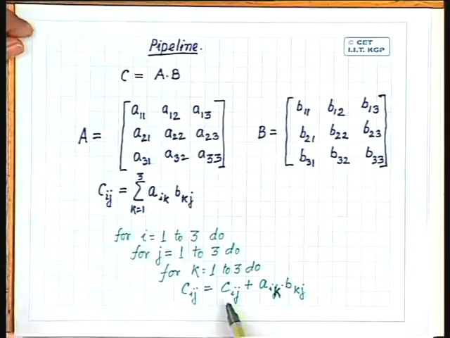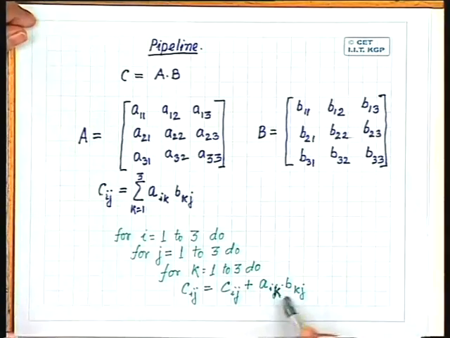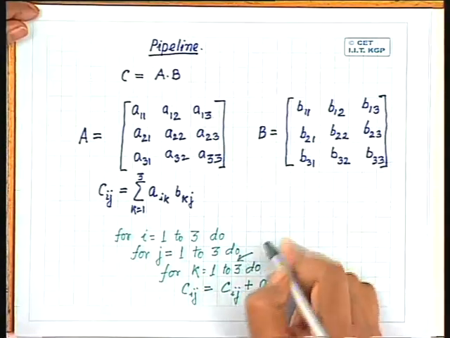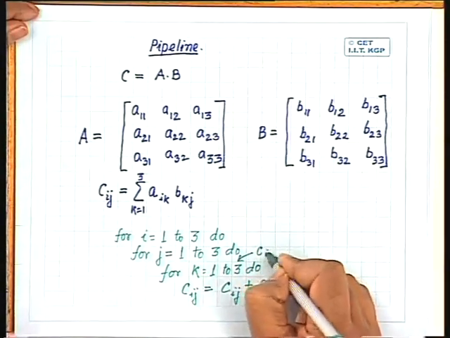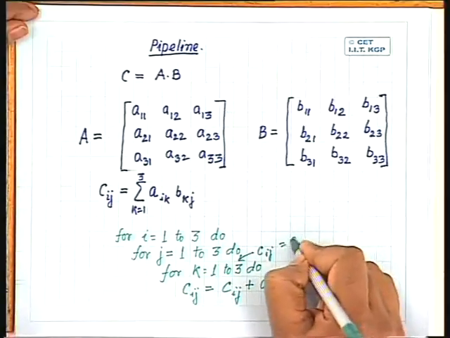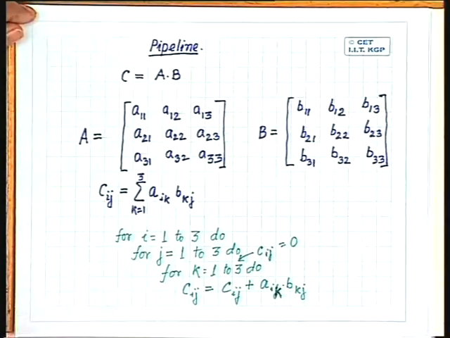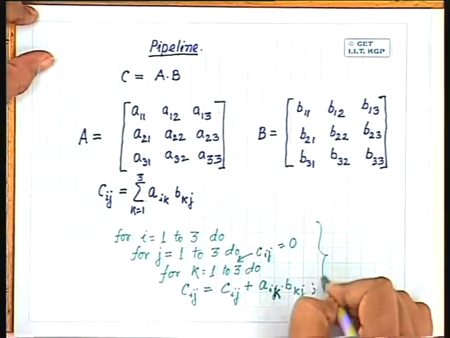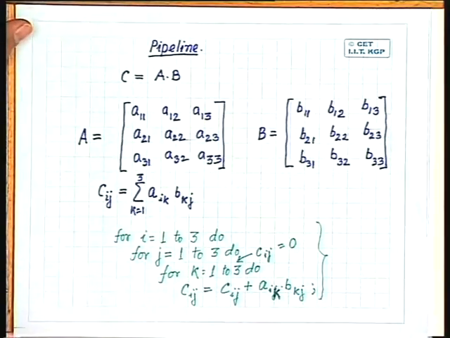So, it is C i j equal to C i j plus A i k into B k j, and before this at this point I have to initialize C i j to 0. Okay. So, I need such a for loop to compute this matrix C.